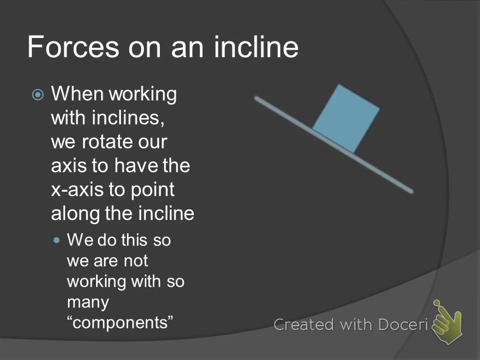Because if I look at my box here, I've got a normal force, I've got the gravitational force. Let's say that I am pushing the box down the incline, so I've got some applied force, and let's say there's some friction, so I have a frictional force. So which of these forces is the one that has components now? Which is the most problematic? The gravity. Gravity, right?